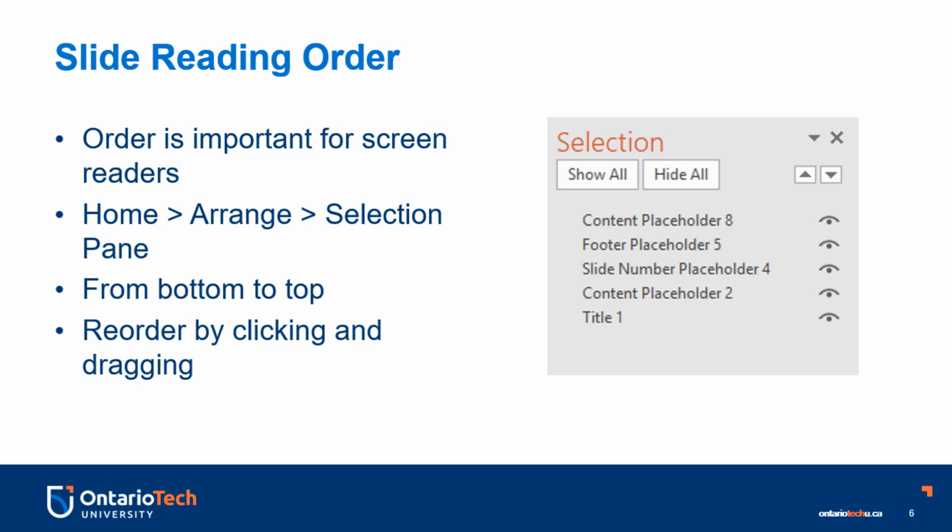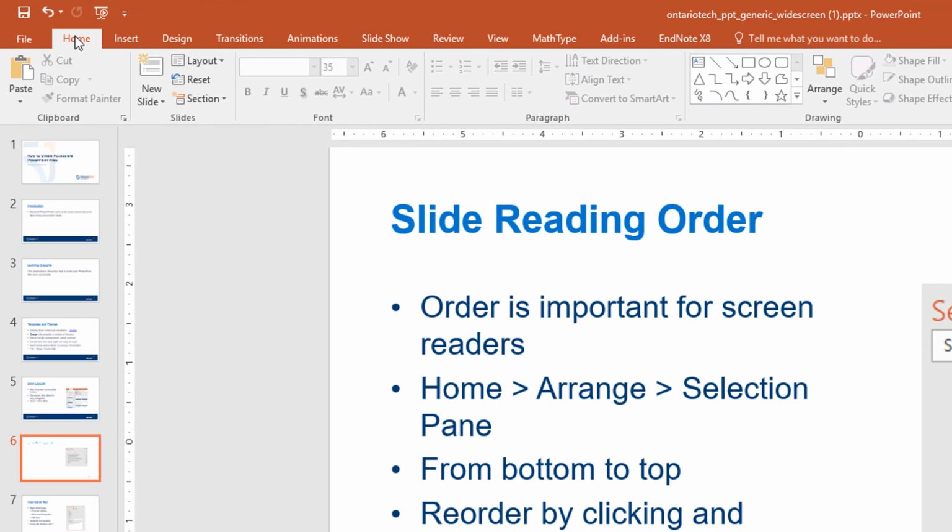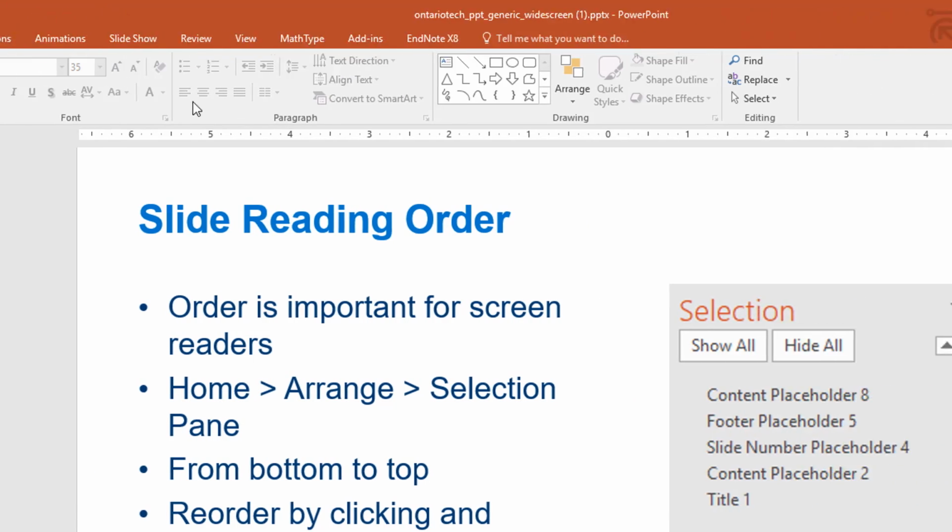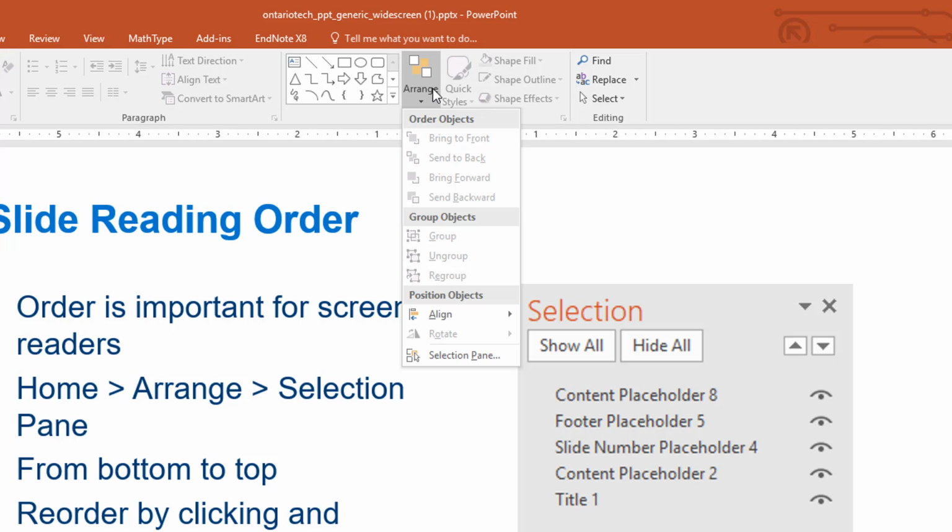In order to create meaningful content that is accessible to users of screen readers, content should be ordered in a logical way. Screen readers read titles first, then content as defined in the slide layout. They will then read any other content on the slide in the order that it was added. To view the reading order, click on the Home tab, select Arrange, and click on Selection pane.